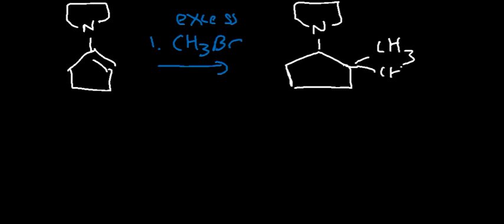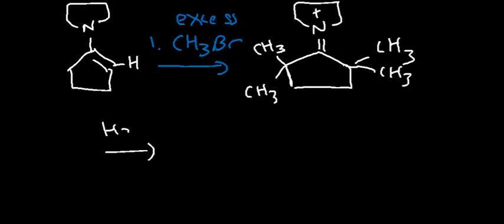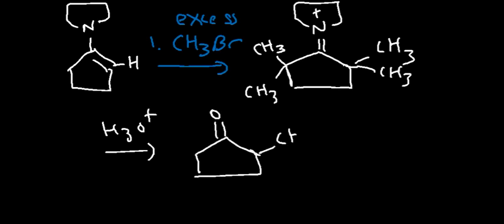All of the alpha hydrogens can be replaced. When that happens, this is going to stay in the iminium form. For it to be in the enamine form, you need to have at least one hydrogen that can be removed. So we'll get this. And then if we add H3O+, it's going to go back to the ketone form. So just watch out for multiple alkylations because they can occur.